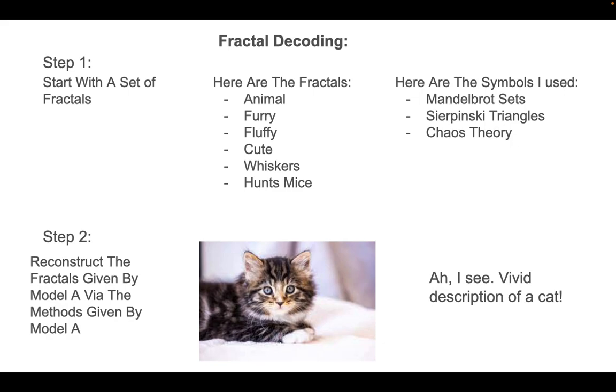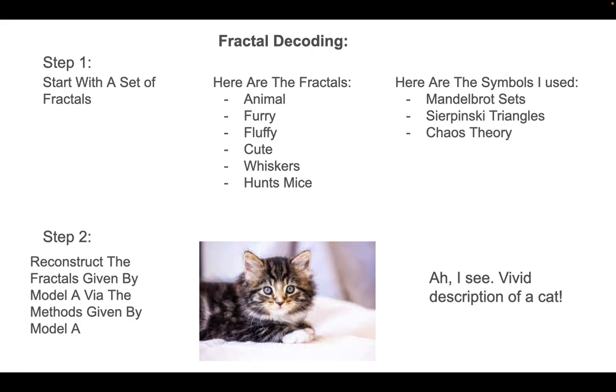Same thing with the decoding process. Once you encode it, you start with the set of fractals that you've encoded. The model says, here are the fractals: animal, furry, fluffy, cute, whiskers, and hunts mice. Here's the mathematical equation, and here are the symbols that I used. In this instance, I used the Mandelbrot set, Sierpinski triangles, and chaos theory, and here are the numbers that I associated with each of these values.